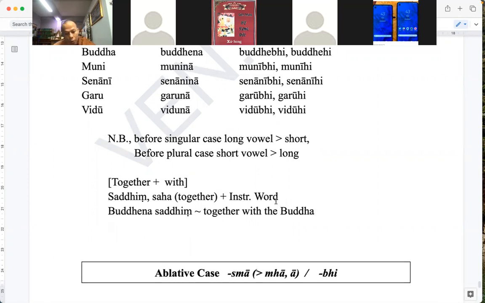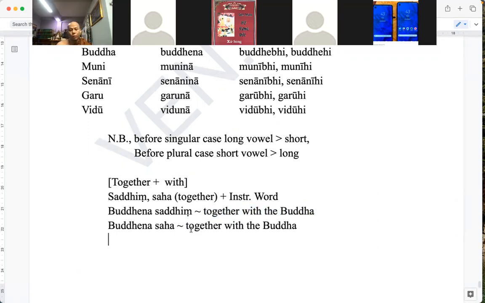The same way, Bodhina saha also. The same: together with the Buddha. Sahayakena, where Sahayaka means friend, so Sahayakena saddhim, together with a friend.